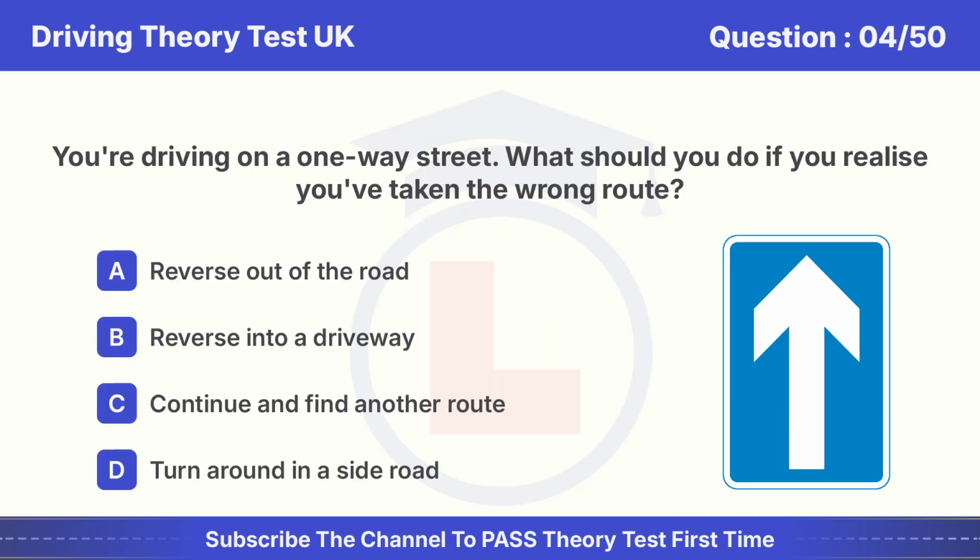Question 4. You're driving on a one-way street. What should you do if you realize you've taken the wrong route? Answer is C. Continue and find another route.